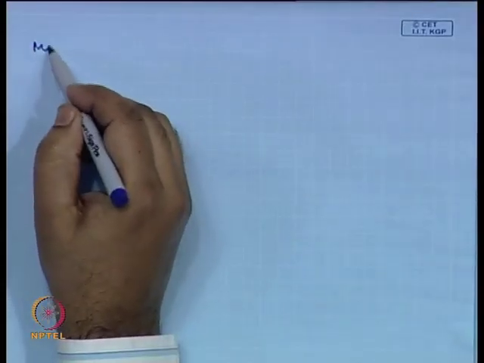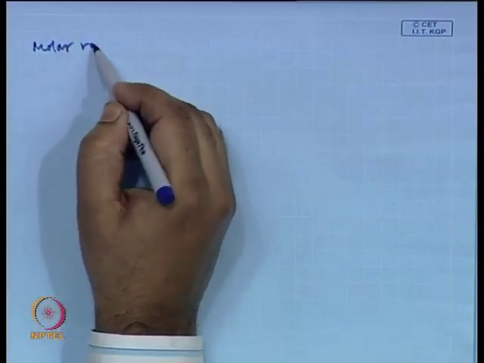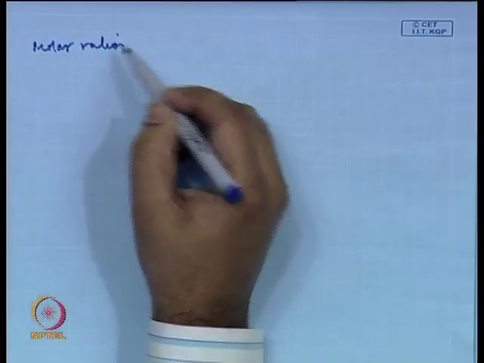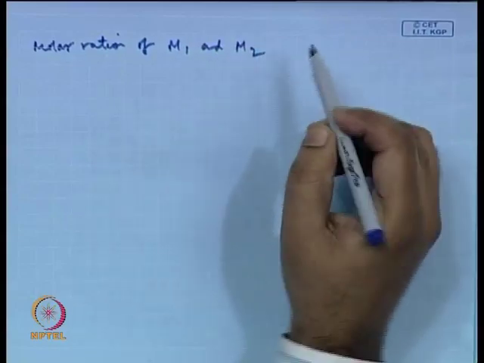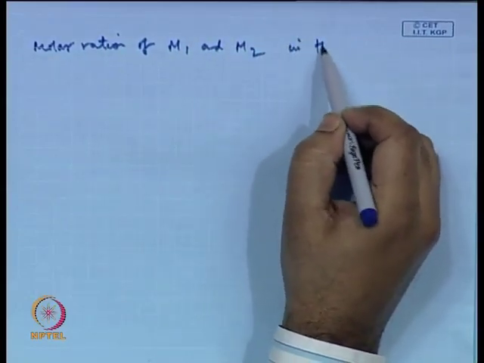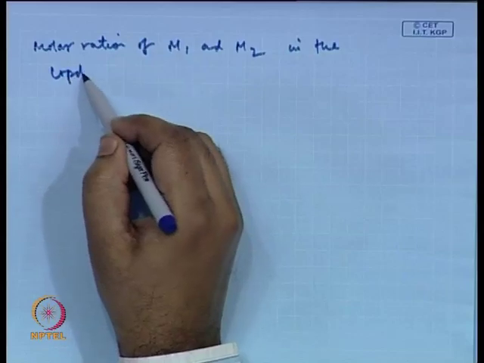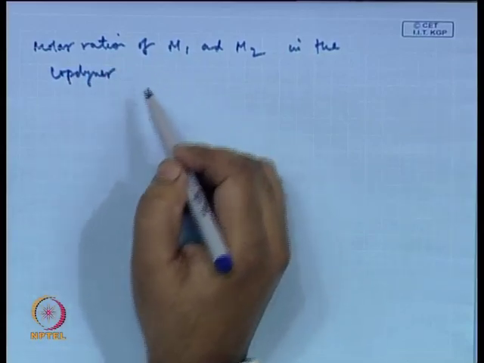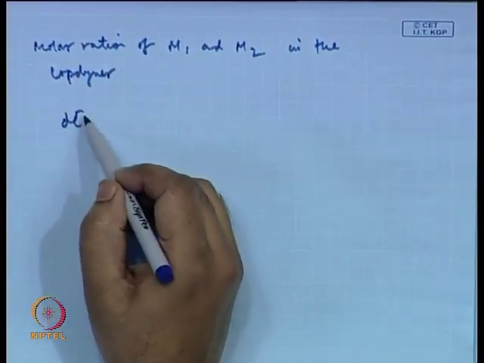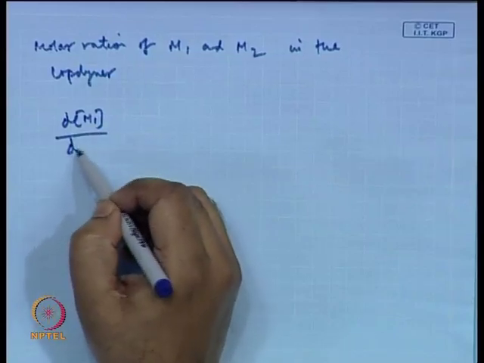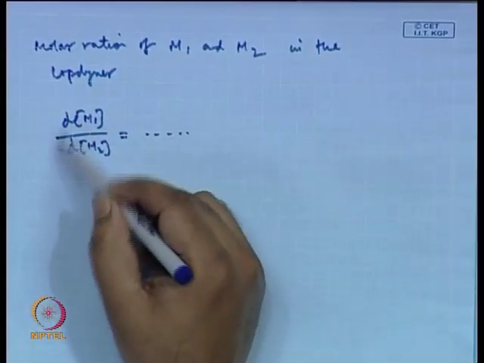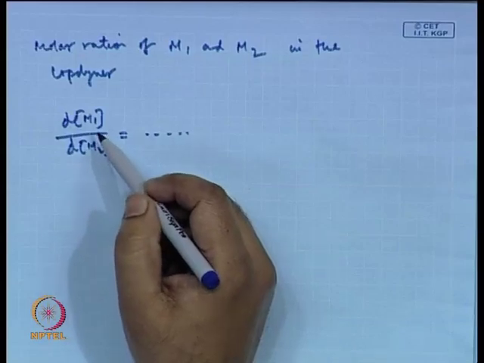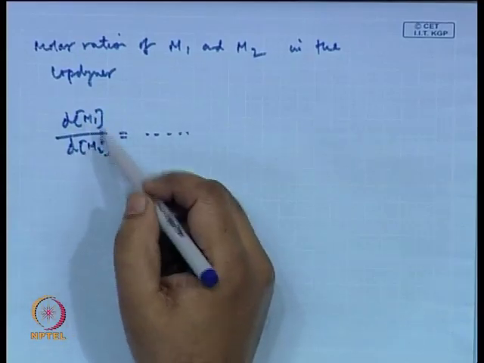So, the molar ratio of M1 and M2 in the copolymer at any instance is given by dM1, because this is the rate at which they are getting consumed during the reaction.